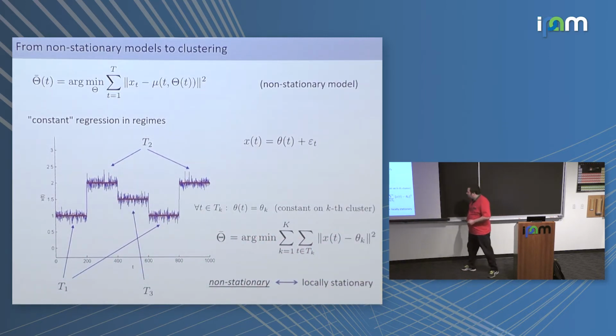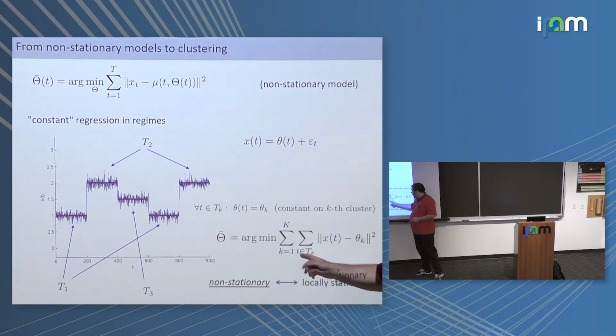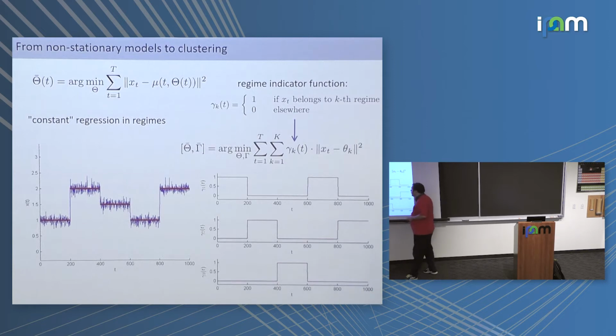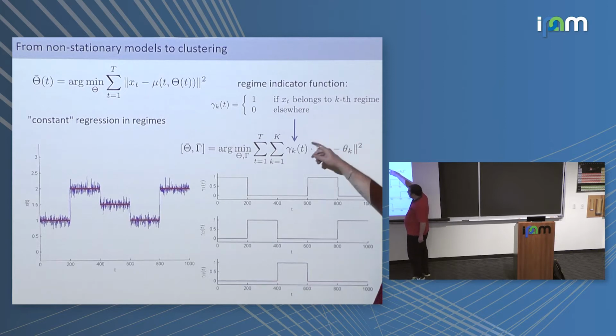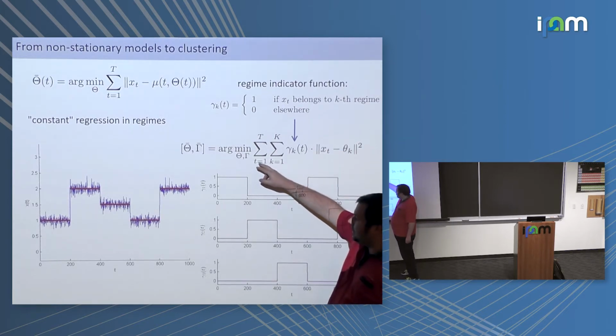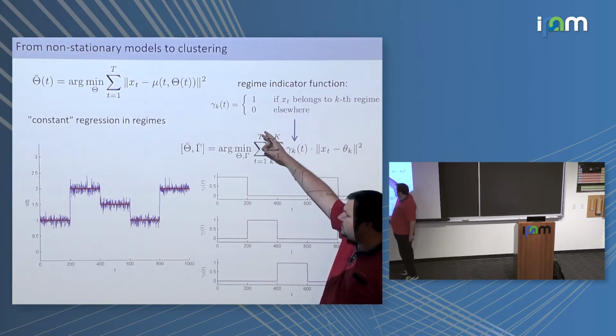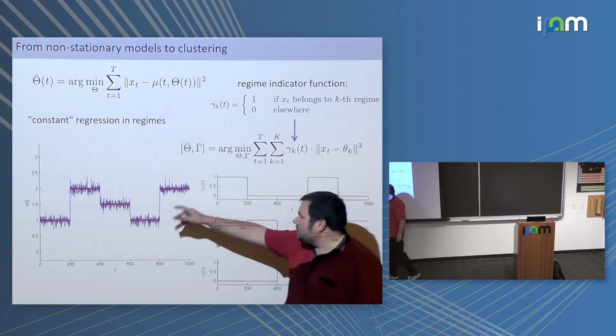Yeah. So instead of this sum, which is only over the given regime, we can introduce something which is called the regime indicator function. This will be the function which is equal to 1 if given t is from the given kth cluster, and it's equal to 0 for all other clusters.